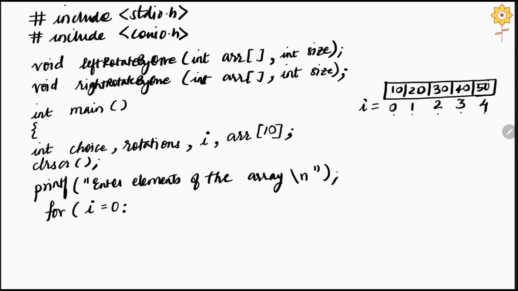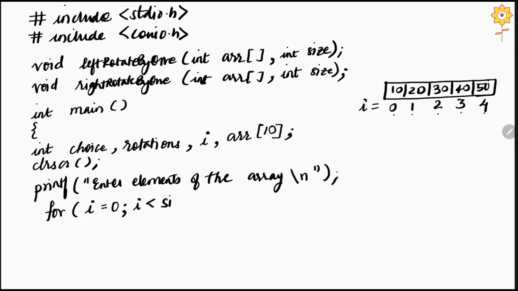Then you put a semicolon. Then you put a condition. How many values can I take? i's value should be less than the size of the array, correct. What is the size of the array? That you will have to specify.